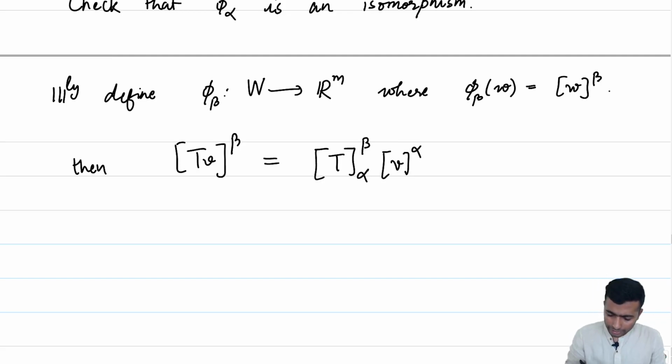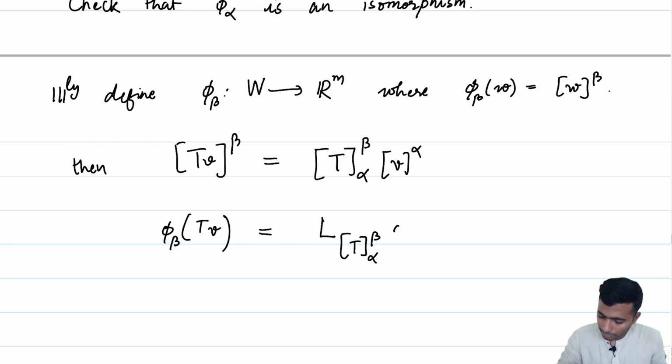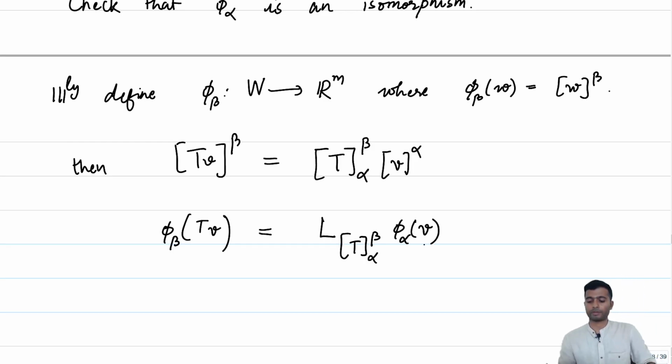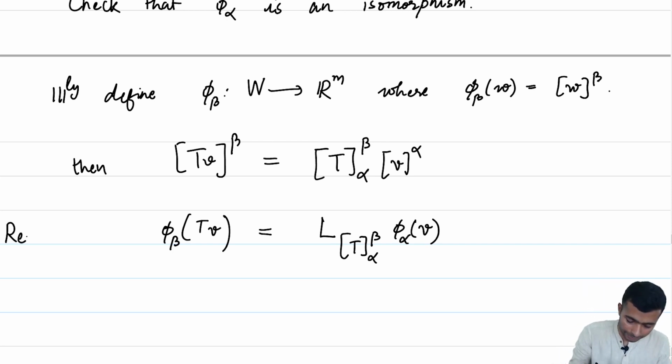So, if I write it slightly differently, this is nothing but phi beta of TV is equal to L of T alpha beta applied to phi alpha of V. Phi beta of TV is a vector in Rm, and V alpha is a vector in Rn, and this is exactly what we are rewriting.